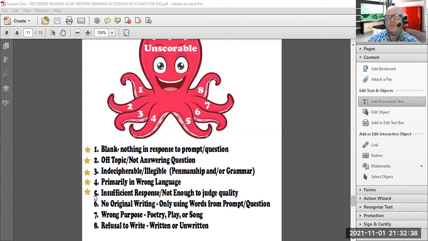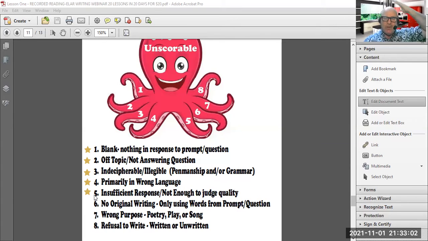If there's not enough there, not enough quantity to judge the quality, then they wouldn't be able to score that. There has to be enough writing that seemingly answers the question or responds to the topic or the prompt.